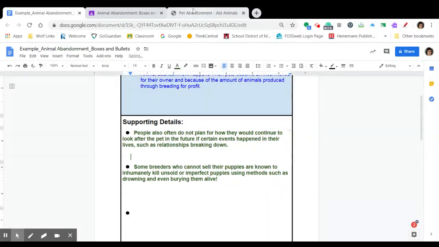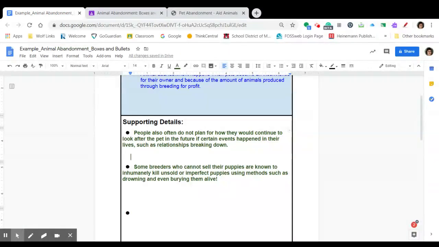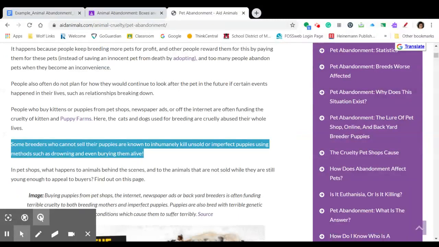All right. And on the assignment, it says to write at least 3 supporting details from the article that support the main idea, 1 detail for each bullet or dot. So here is the bullet or dot. So I have 2. So I would need at least 1 more. And if I just go back to that introduction, let's see.